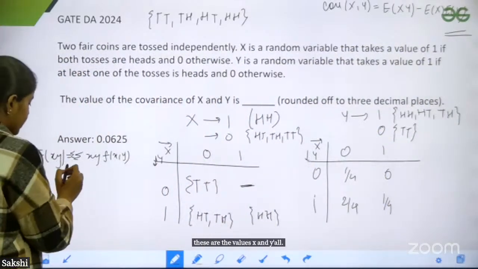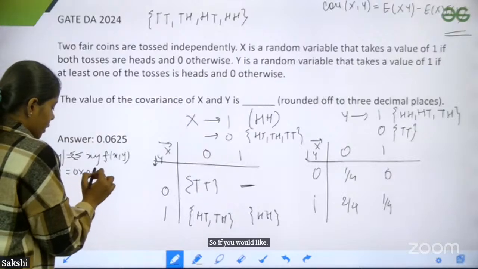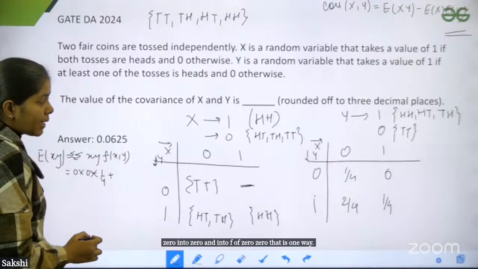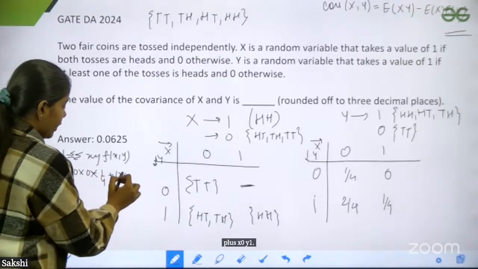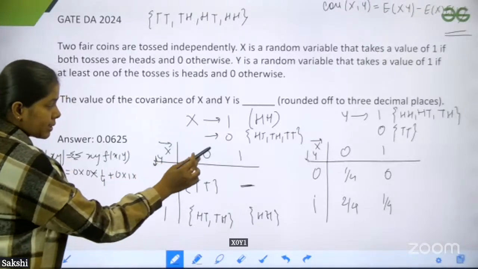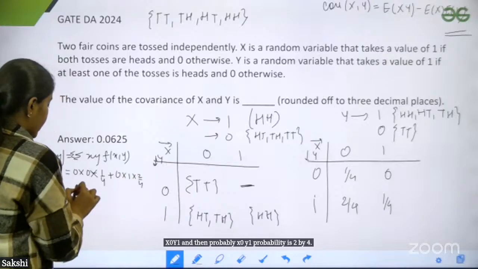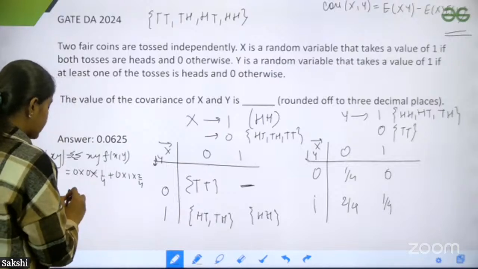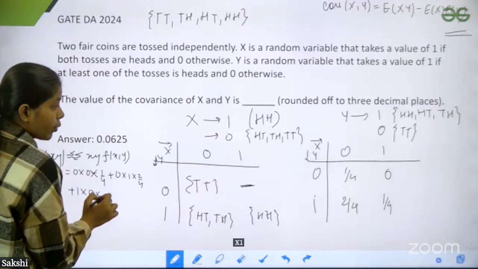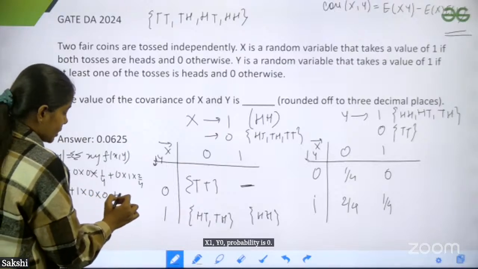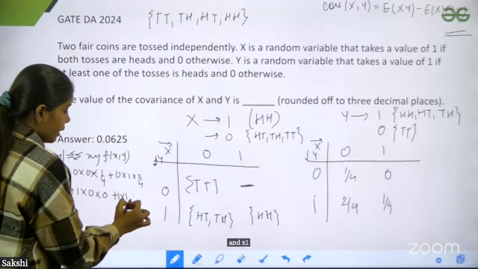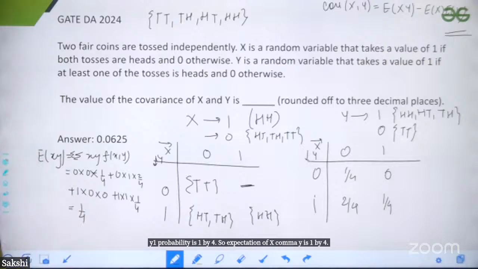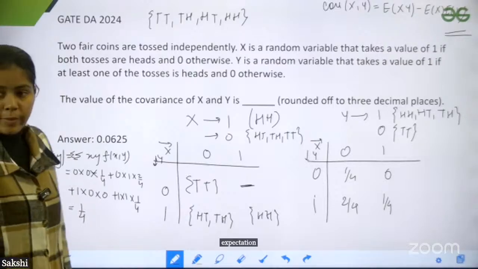Replacing, 0 into 0 into f of 0, 0, that is 1 by 4, plus x0 y1 with probability 2 by 4, plus x1 y0 with probability 0, and x1 y1 with probability 1 by 4. So expectation of x y is 1 by 4.